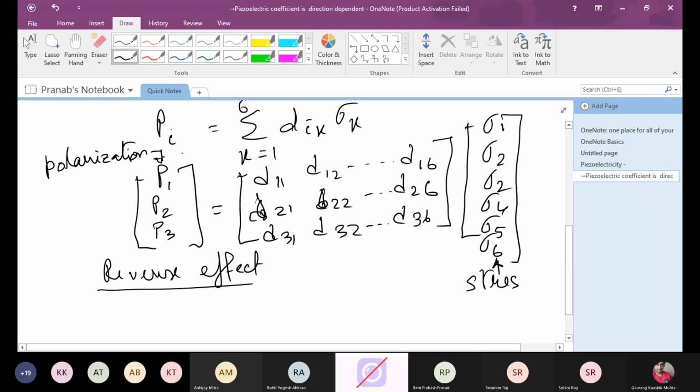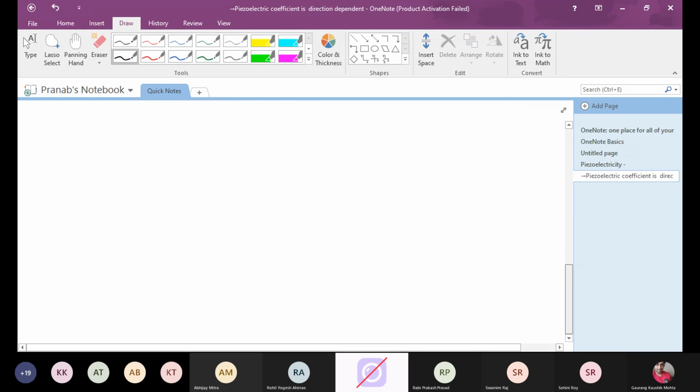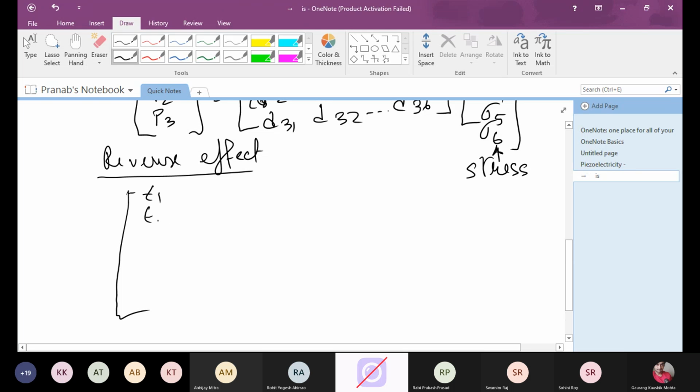This is polarization and this is stress. So the reverse effect would be just the reverse. We have epsilon 1, epsilon 2, and epsilon 6.